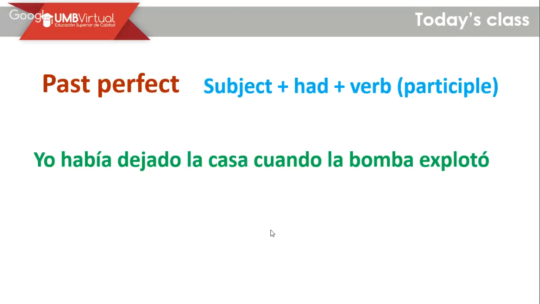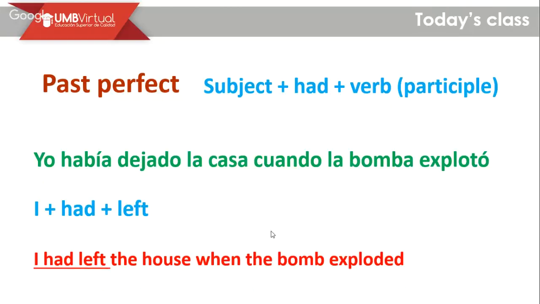I had left the house when the bomb exploded. Here we need the subject, which would be I. Then we add the auxiliary verb, that is had, I had. And then we conjugate the verb leave into the participle form, which would be left. So I had left the house when the bomb exploded.